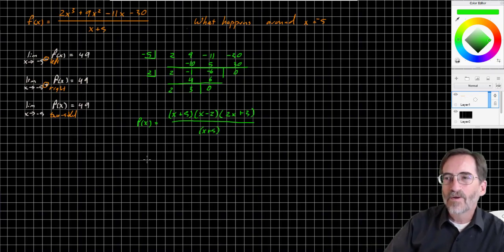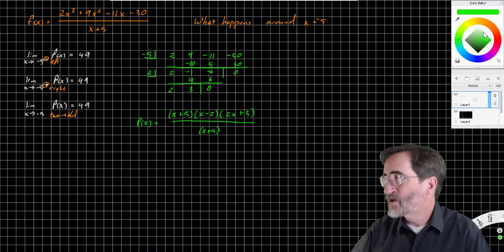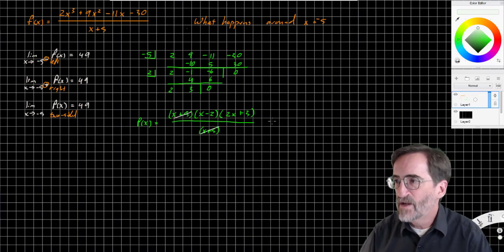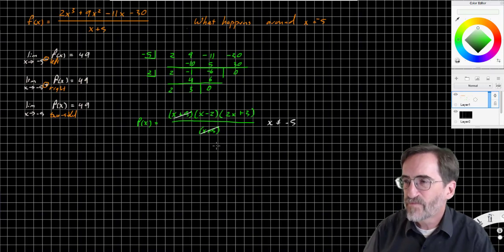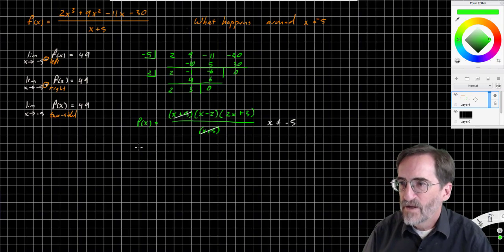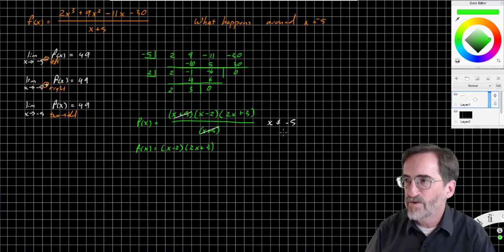And you'll notice there's a common factor, and it does cancel out, with the caveat that x cannot equal negative 5. And so what's left is f of x equals (x minus 2)(2x plus 3), again with the caveat that there's a hole at negative 5.